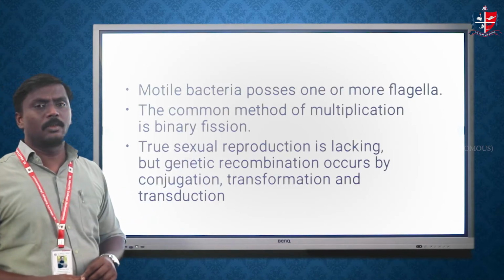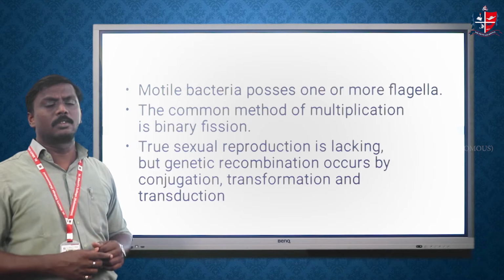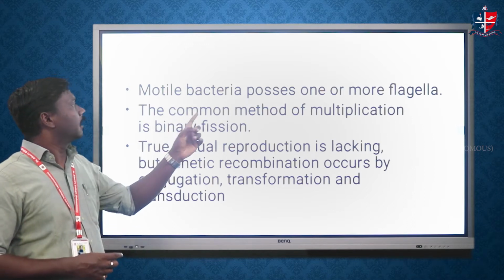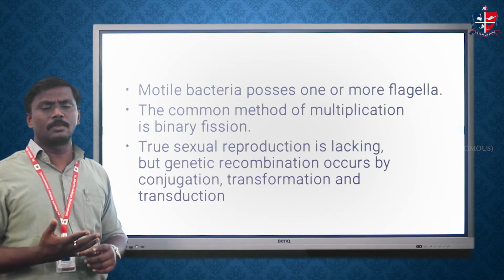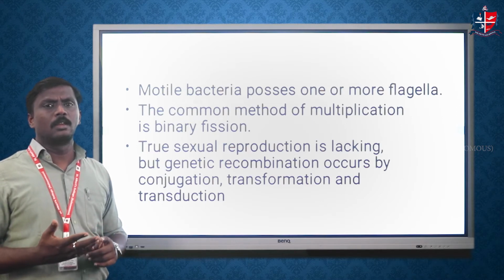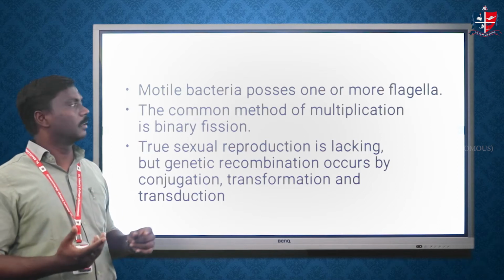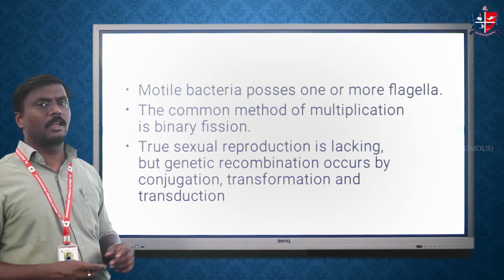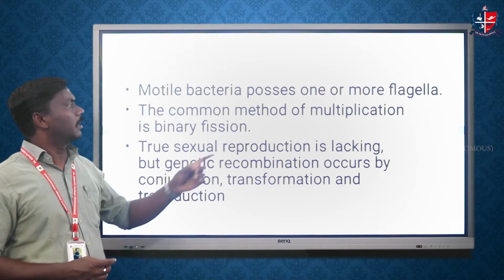Flagella are hair-like appendages protruding from the cell body, and one or more flagella can be present. They are classified as amphitrichous, peritrichous, monotrichous, and so on, and we will discuss the classification of flagella in another tutorial.